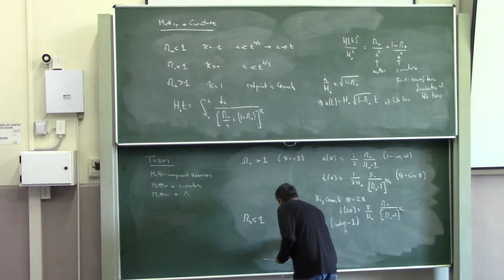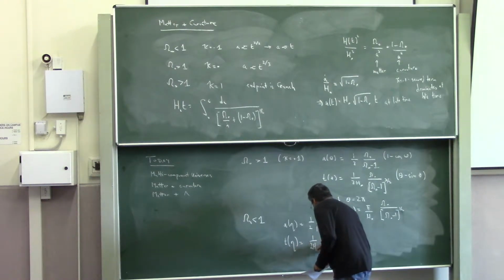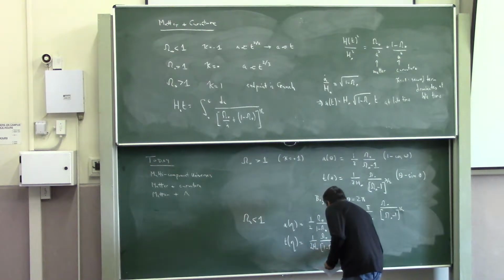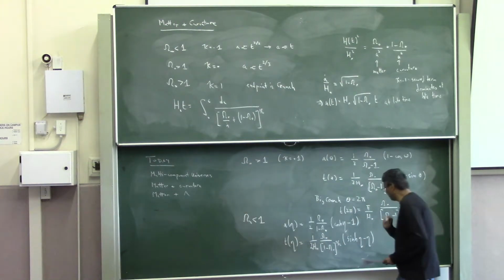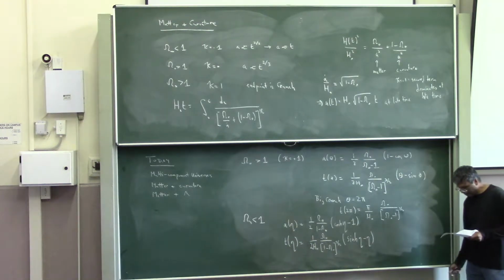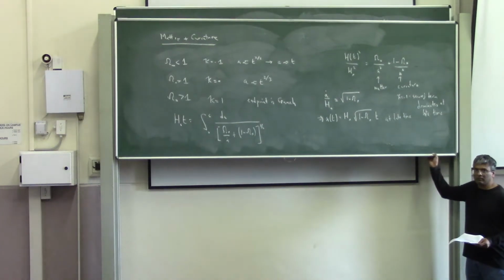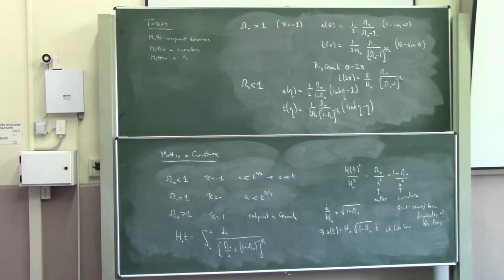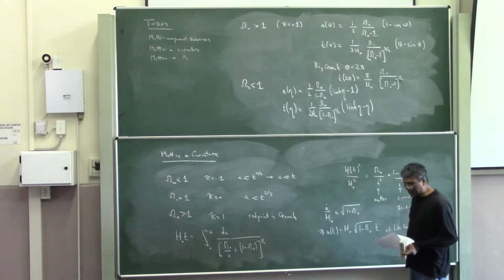And t of eta is 1 over 2 H0, omega 0 over 1 minus omega 0 to the 3/2, times sinh eta minus eta. So whereas before, theta went from 0 to 2 pi, eta goes from 0 to infinity.